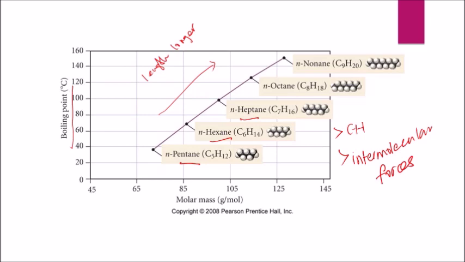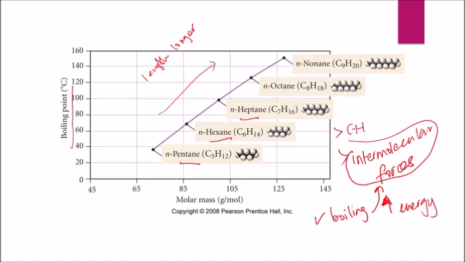So for anything to happen, for example, the physical phenomenon of boiling, you need to break the intermolecular forces. So when you have more intermolecular forces, then you need higher energy, right? In this case, you will increase the boiling point. So from carbon 5 to carbon 9, the boiling point increases accordingly from around 40 degrees up to 150 degrees. This is one of the examples.